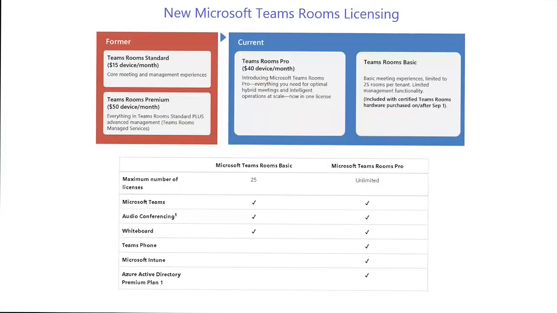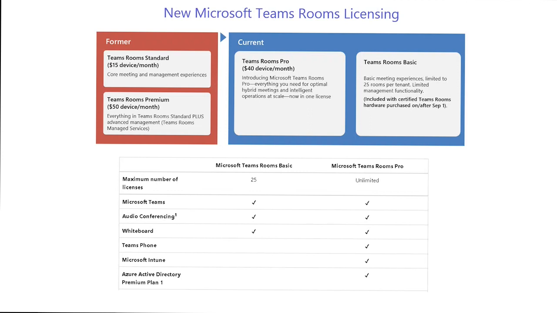Why was Microsoft interested in making this change? I think it was really from feedback that we had from partners, from customers, from everybody in the community. This was a difficult conversation to have: where does this license get me on the support side? We had two different license types.